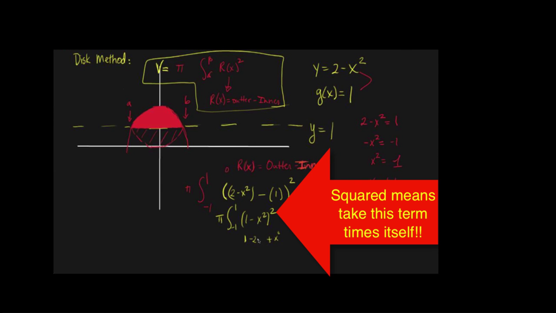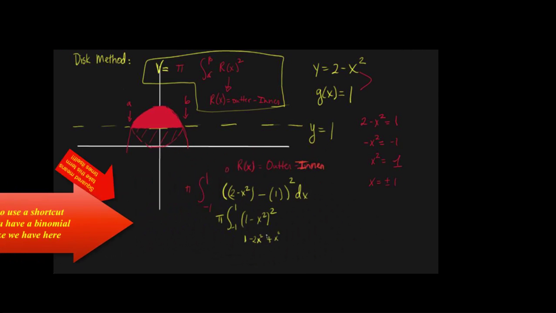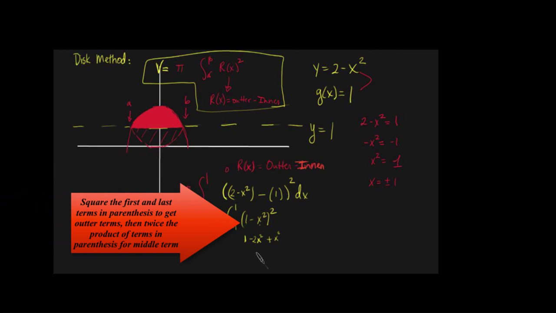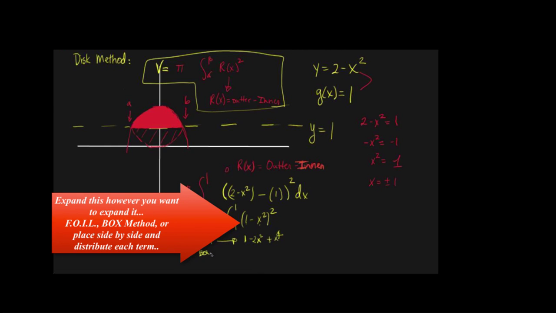So minus 2 times x squared is minus 2x squared. That's a lot faster. Square the first term, square the second term, twice the product. If you were to FOIL that out, you would get the same answer, or with the box method.